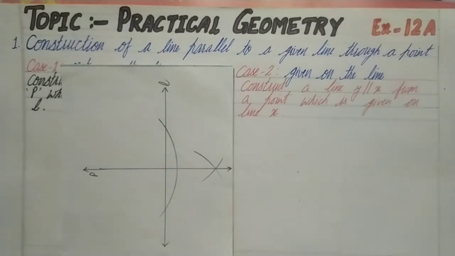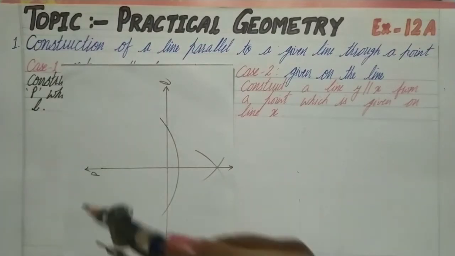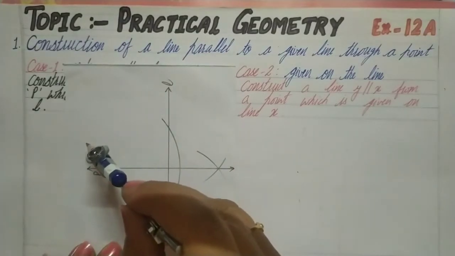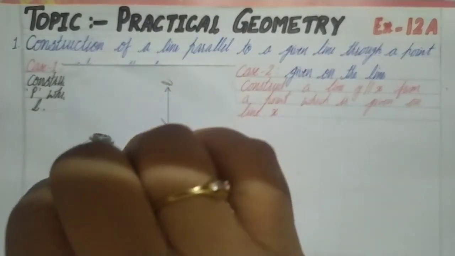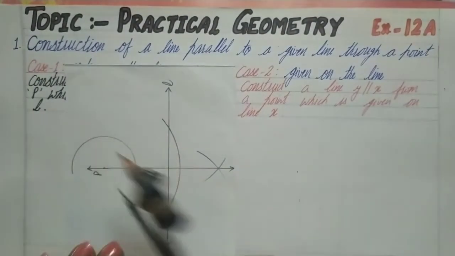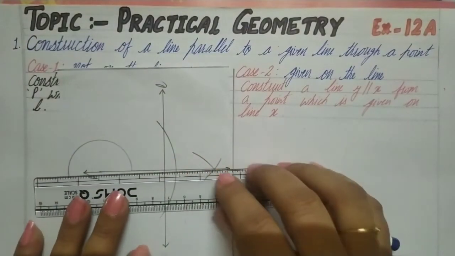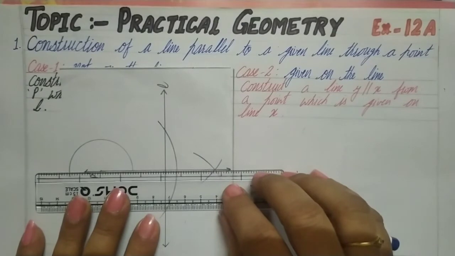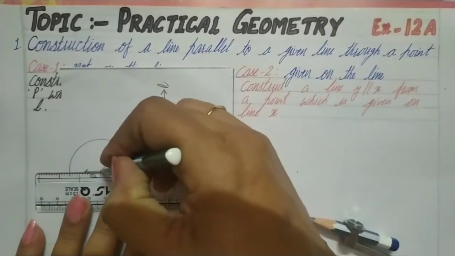For that, put the pin of your compass at point P and then draw a semicircle. As you can see, we are getting short by the line over here, so you can extend this line.